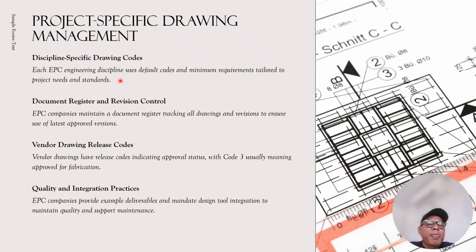Because different projects, different locations, and maybe different requirements are based on the load and the condition of the actual manufacturing, the actual land condition, or maybe the civil engineering study. So for document register and revision control, the EPC company maintains a document register tracking all drawings and revisions to ensure the latest approved document is used. So document tracking and storage is very important.